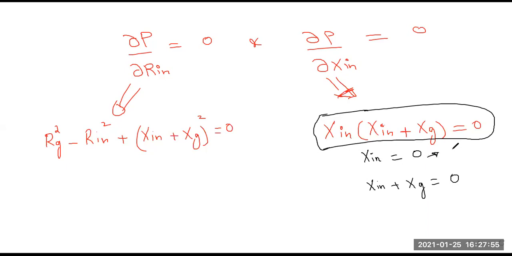If Xn is equal to 0, this is actually the case where load is matched. So it means this case is not going to give us something different. The case which is going to make a difference is this condition, which is telling us that Xn is equal to minus Xg.